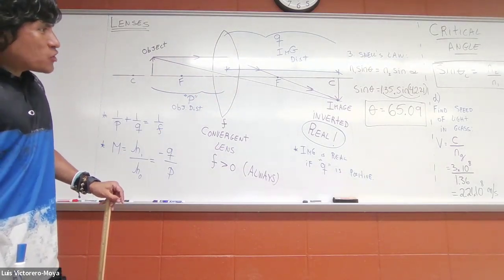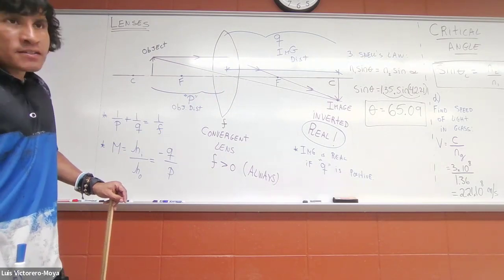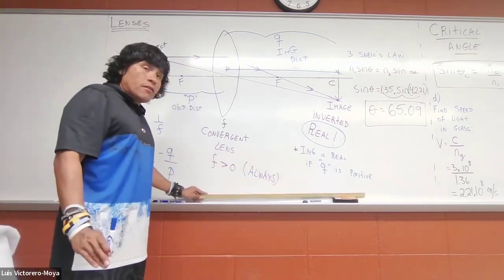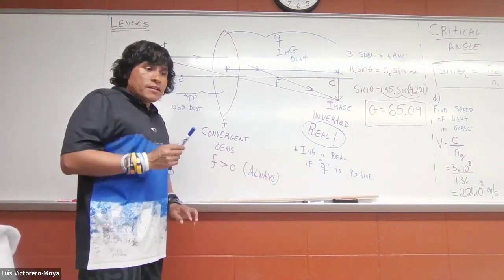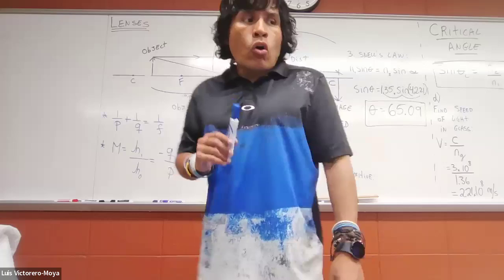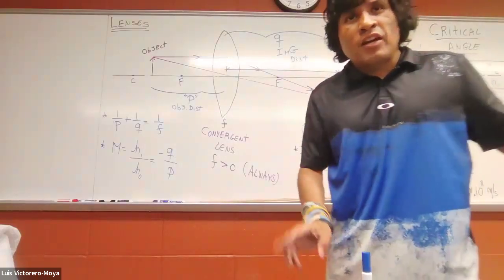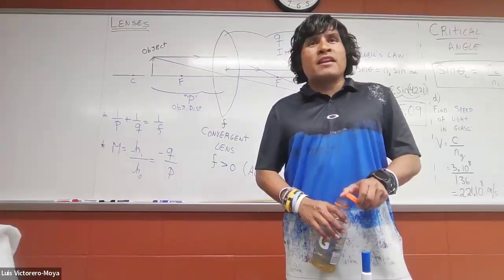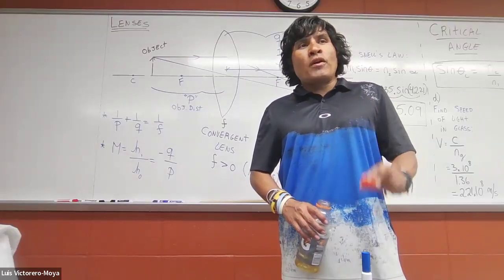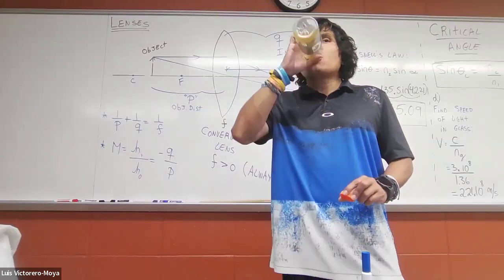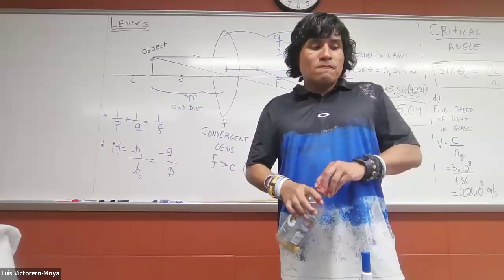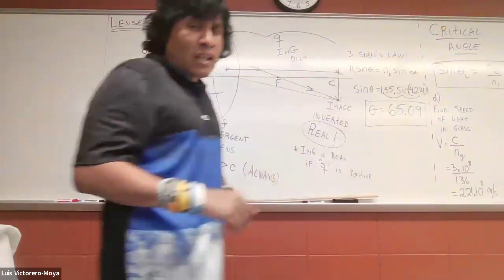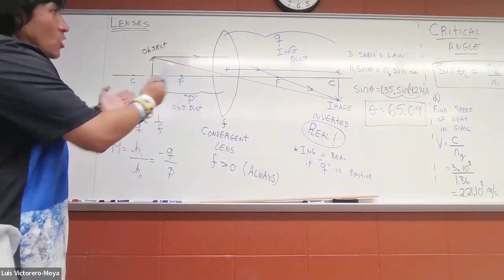All right. Are there situations where you can get virtual images? Yes. For example, for a divergent lens. The divergent lens always gives you, well, unless you are doing a combination, which we're going to talk about later. But if it's just the divergent lens by itself, it's always a virtual image. So how does the virtual image look? Well, let's do the divergent lens, okay? That's the convergent lens.